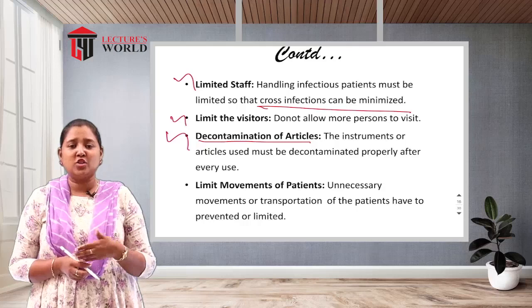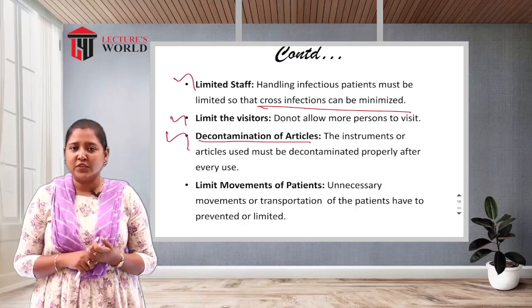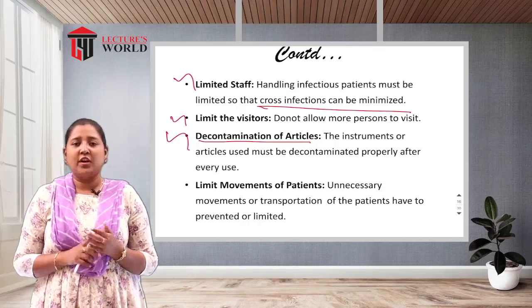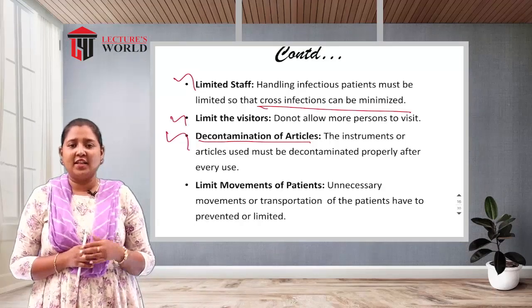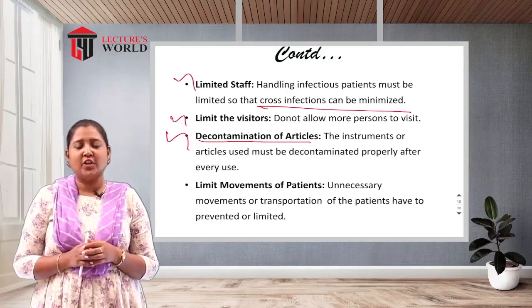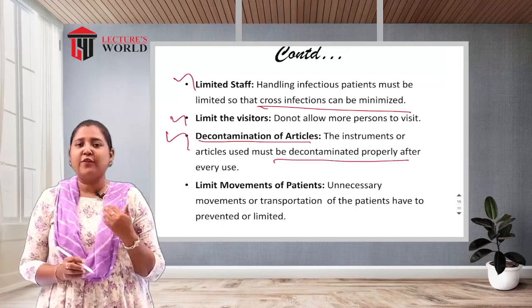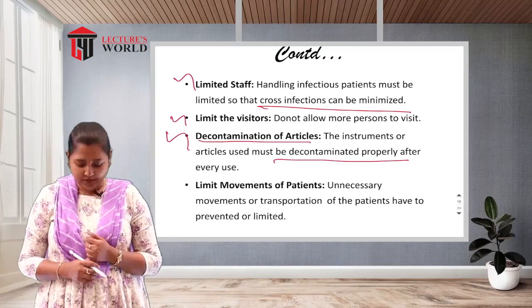Contaminated articles have to be taken care of separately by cleaning, rinsing and sending for sterilization, autoclaving, whatever it is. Any method can be followed to decontaminate the articles for the next usage. So when you periodically decontaminate the articles and equipment after every use, that will be a better chance of avoiding infections.